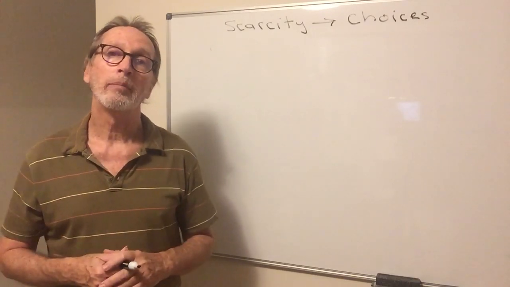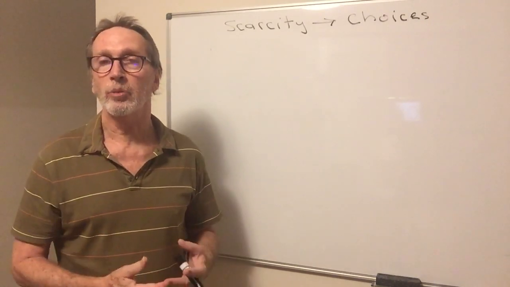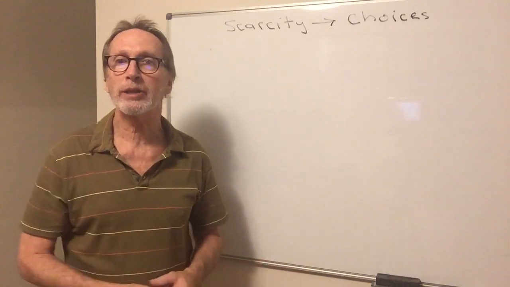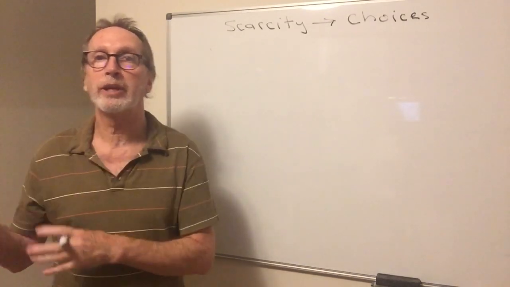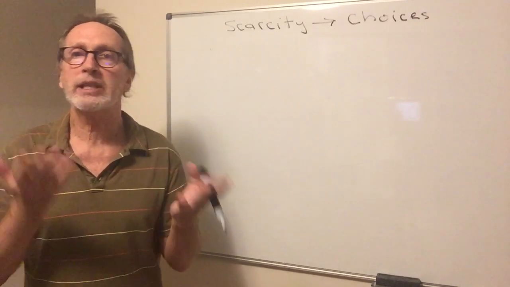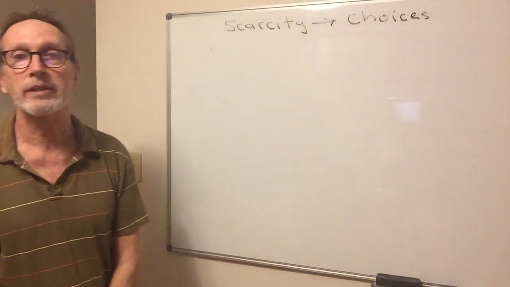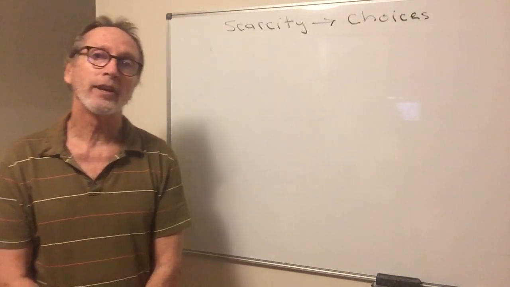We're going to make shoes, or we're going to make apples, agricultural products or industrial products. We're going to make consumer goods or military goods. Choices have to be made due to scarcity. Scarcity leads to the fact that we have to make choices. And how are we going to use the factors of production?